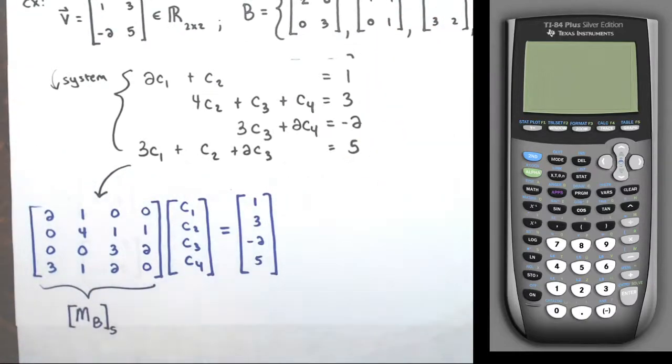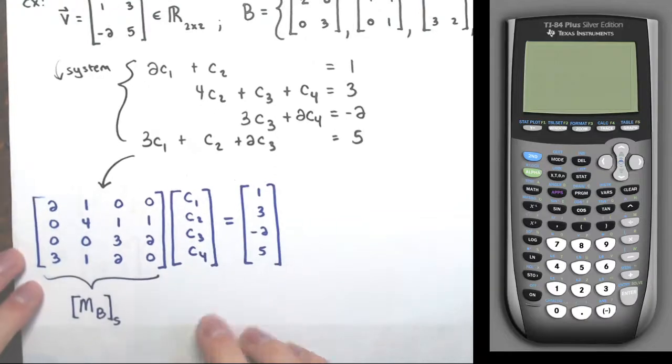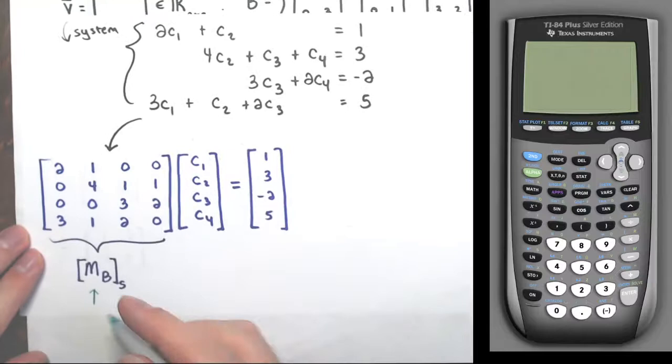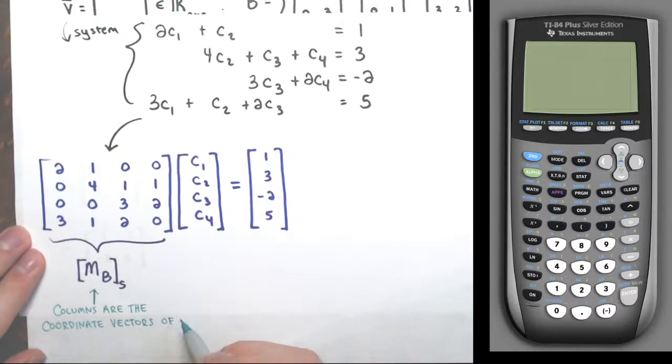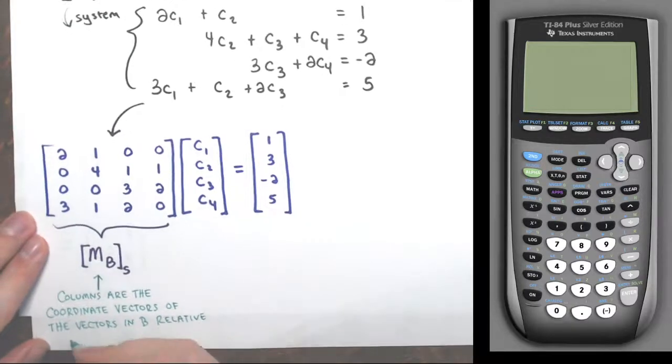The reason I'm calling it that is because the columns of this matrix are the coordinate vectors, not just the vectors, of the vectors in B relative to the standard basis S.